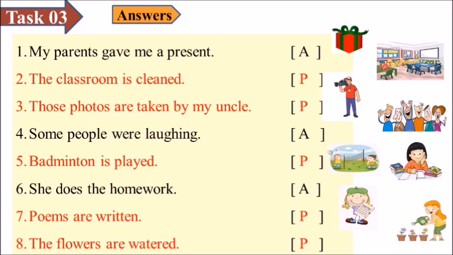It is an active voice sentence. Number 5. Badminton is played. It's passive. Number 6. She does the homework. It's an active voice sentence. Number 7. Poems are written. Number 8. The flowers are watered. Both these sentences are passive.